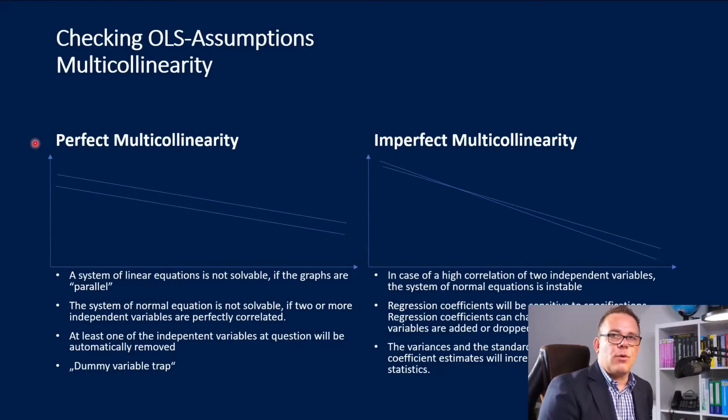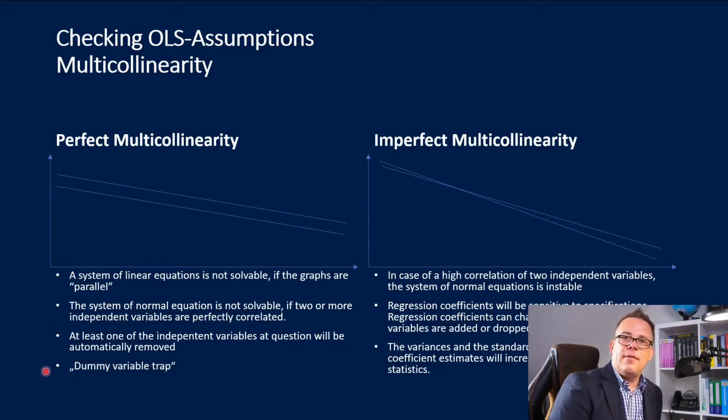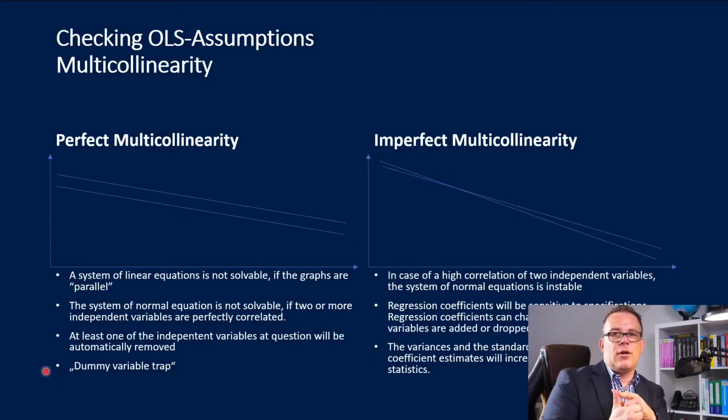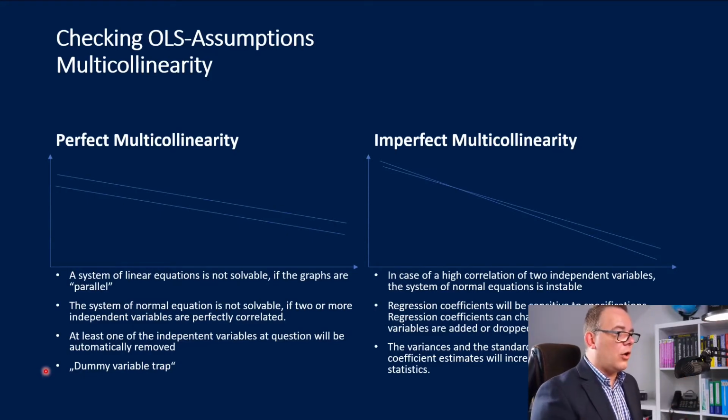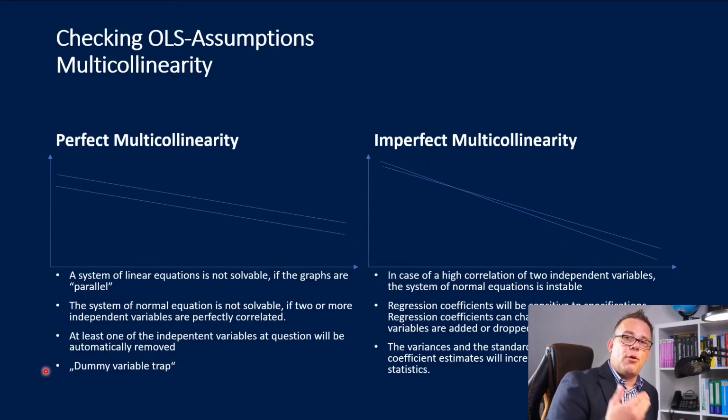And this is exactly what we see when we speak of the dummy variable trap. If we have, for example, a dummy variable for males and females, the male variable is 1 if the subject is male, the female is 1 if the subject is female, they are always redundant. If we know that this one is male, this one cannot be female, and vice versa. Accordingly, these two dummy variables are perfectly negatively correlated. And due to that, we have the problem of multicollinearity.